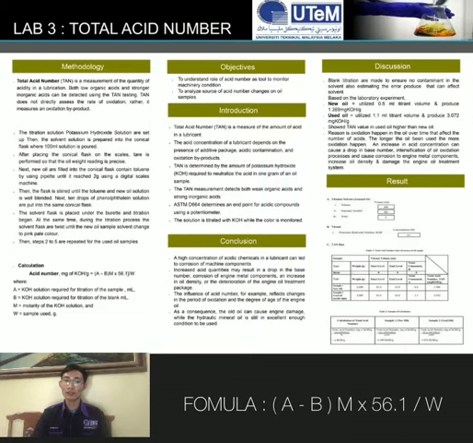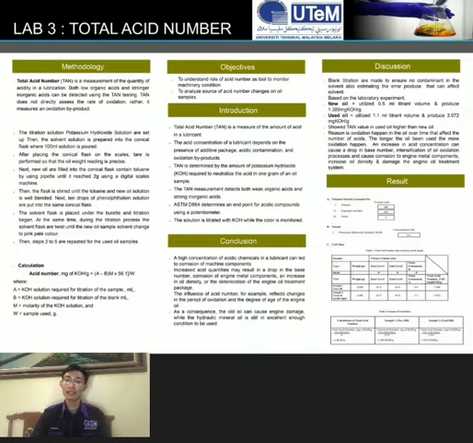So this is the formula for calculation of total acid number. We subtract the total consumed A and B and times with concentration and times with 56.1 and divide by weight.